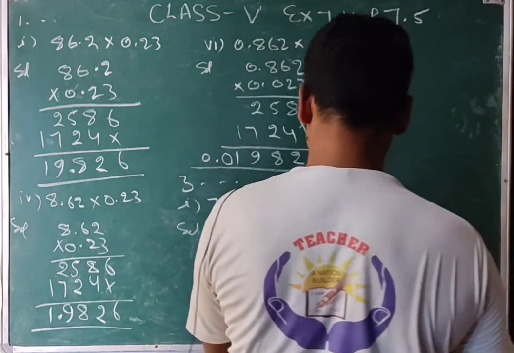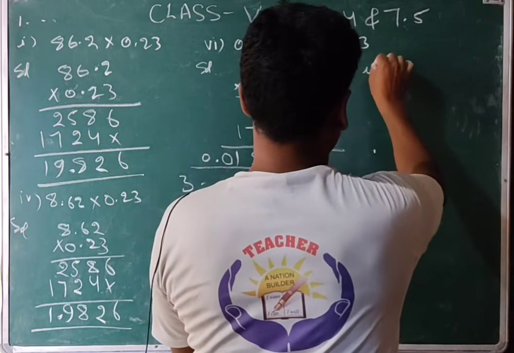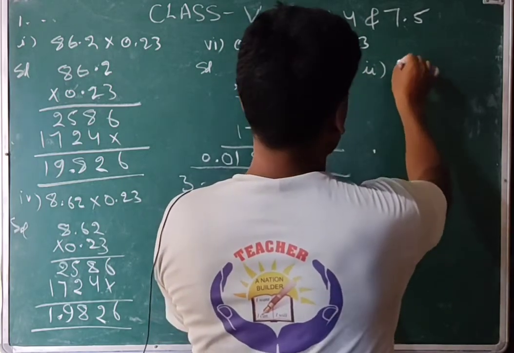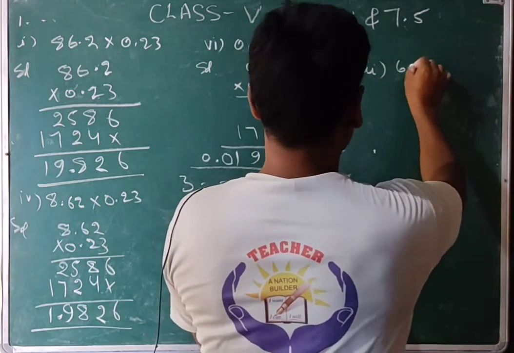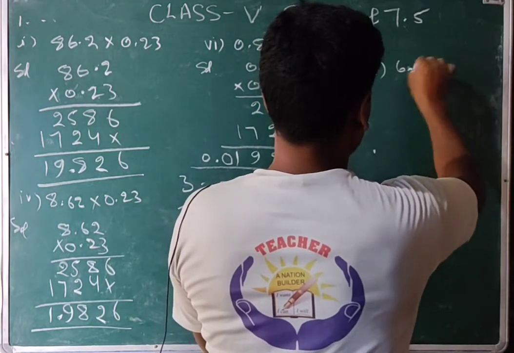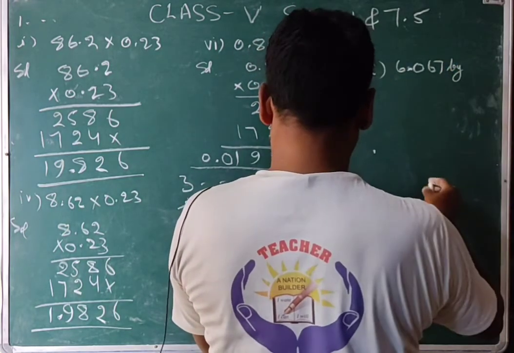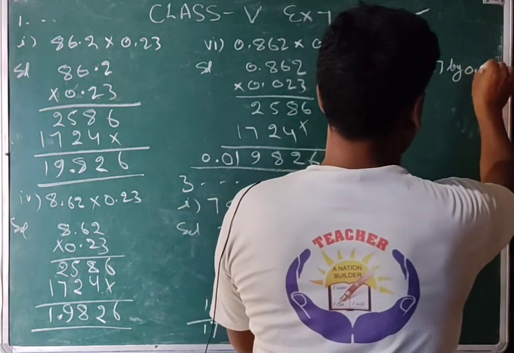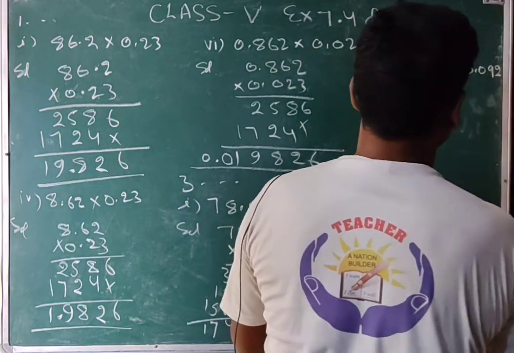Third part, also second part, because something is given here: 6.067 by 0.092.